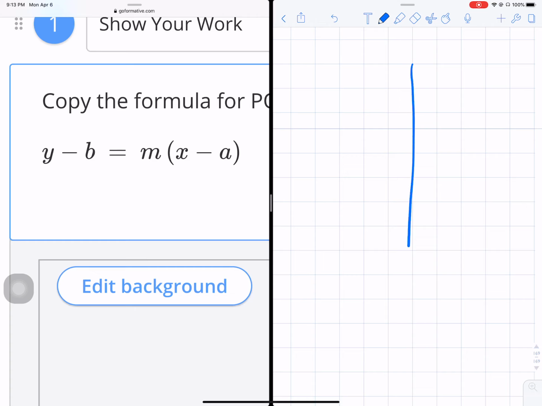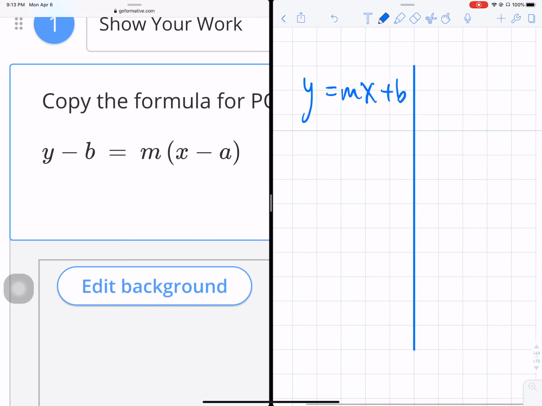Okay, here we go. So yours is y equals mx plus b. And the new one is y minus b equals m, and then times x minus a. It's just a different way of writing the same thing.